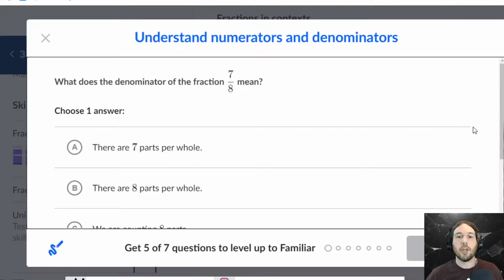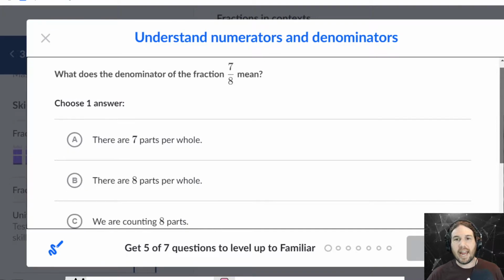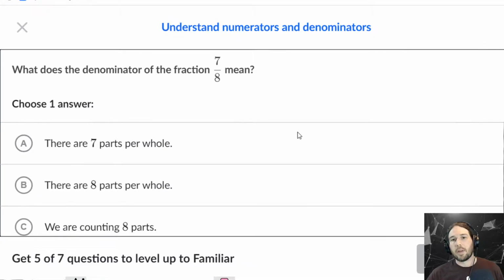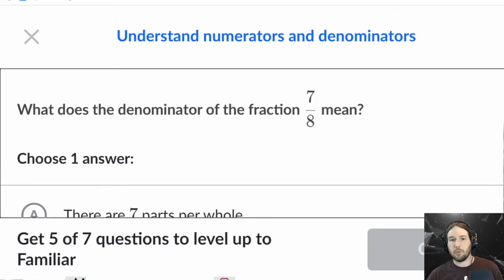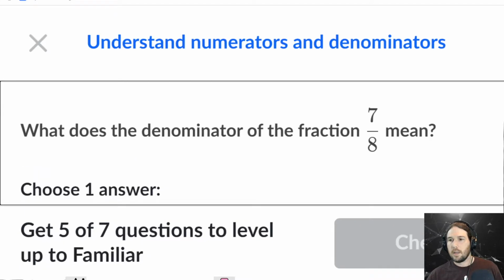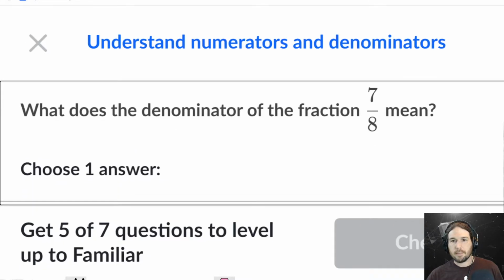What does the denominator of 7/8 mean? I'm actually going to zoom in so that we don't get to see the answers yet. What does the denominator mean? Well, again, denominator means denomination. It means how much is each unit fraction, how much of a whole is each one piece.